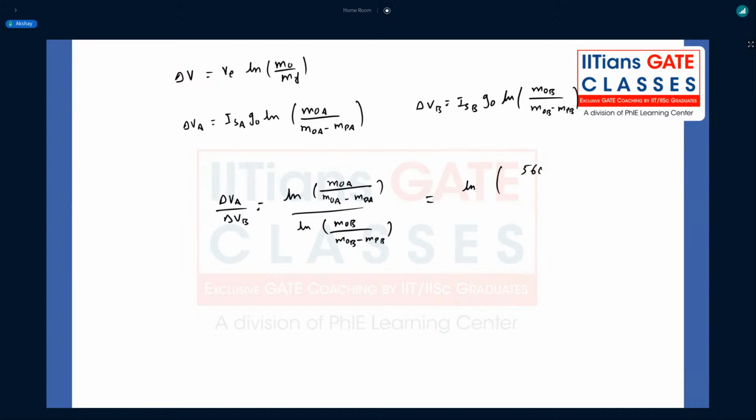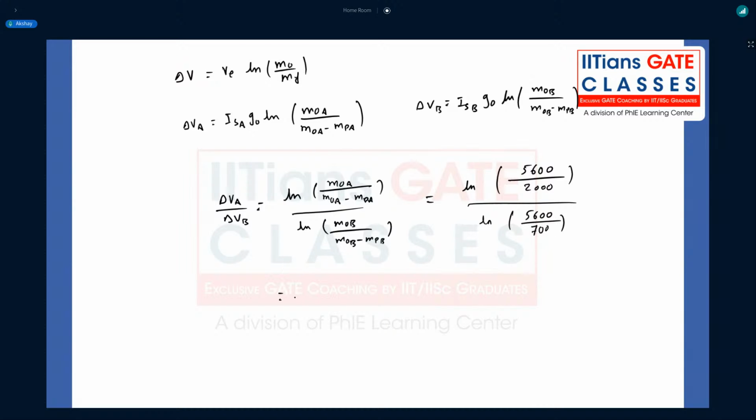So that is 5,600 divided by 5,600 minus, so we got this 3,600, so that is going to be 2,000, divided by ln of 5,600 divided by 5,600 minus 4,900, which is going to be 700.